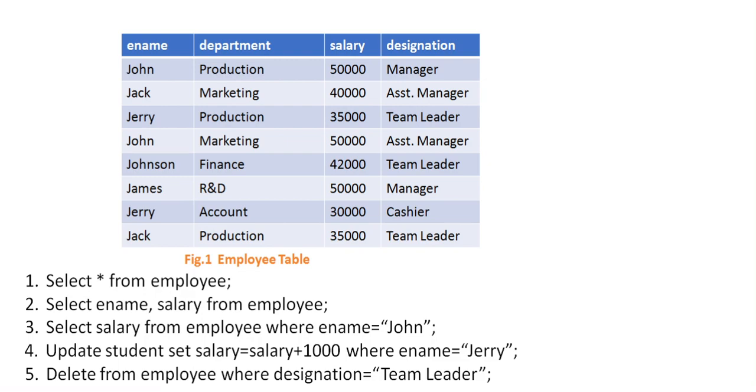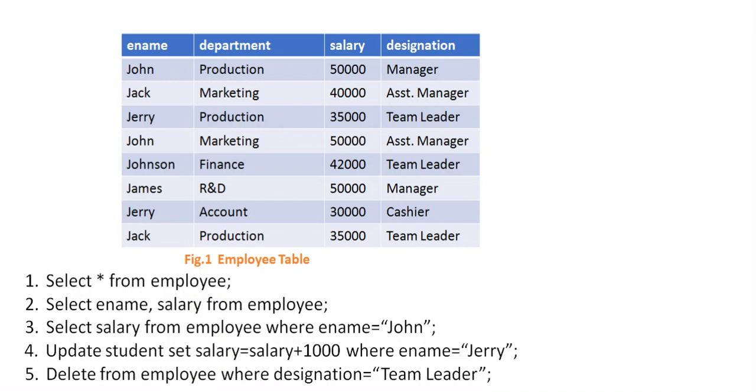Similarly, if you write a query like delete from employee where designation equals to team leader. Now see, in our table we have 3 employees who are working as a team leader. Jerry is a team leader in production department, Johnson is a team leader in finance department, and Jack is working as a team leader in production department.